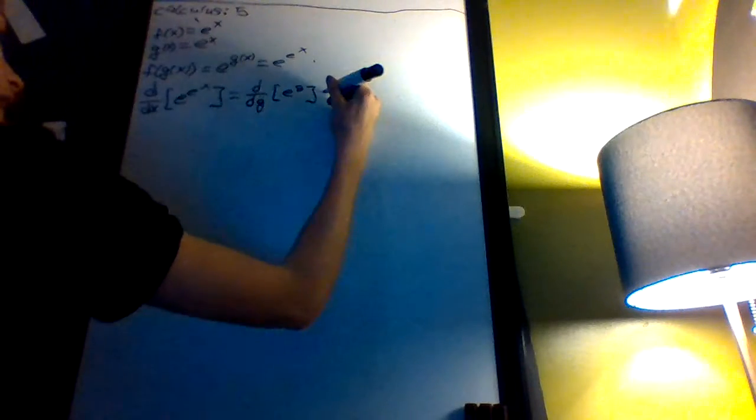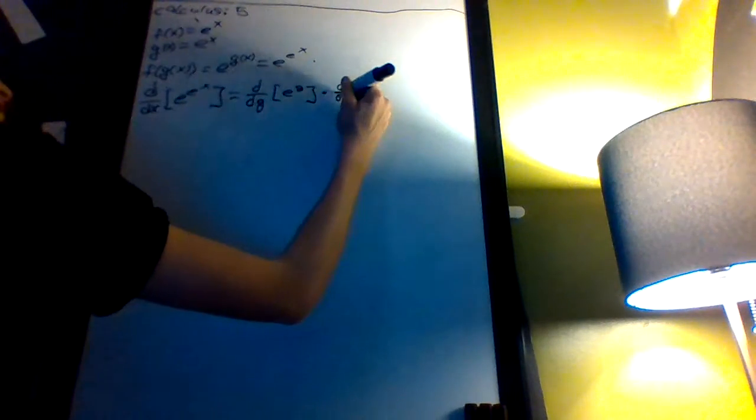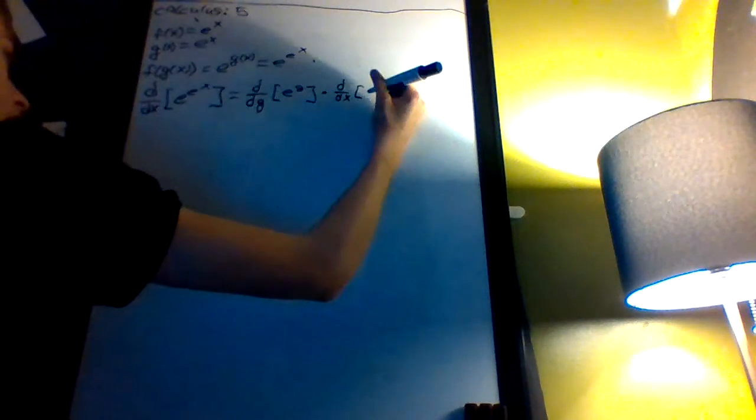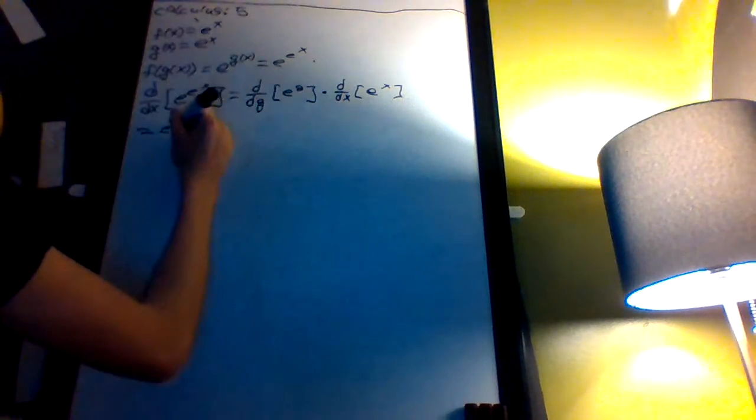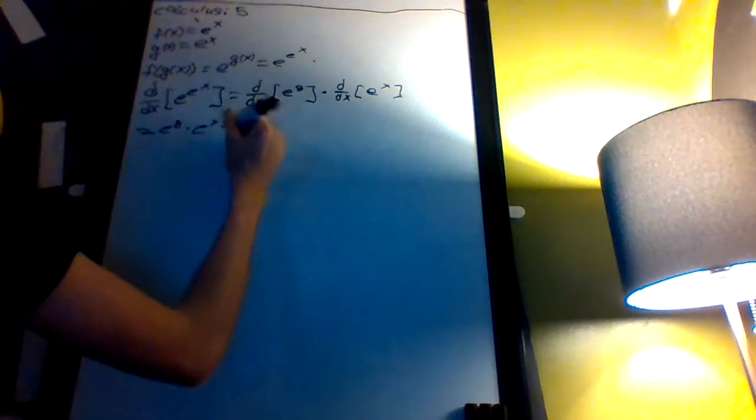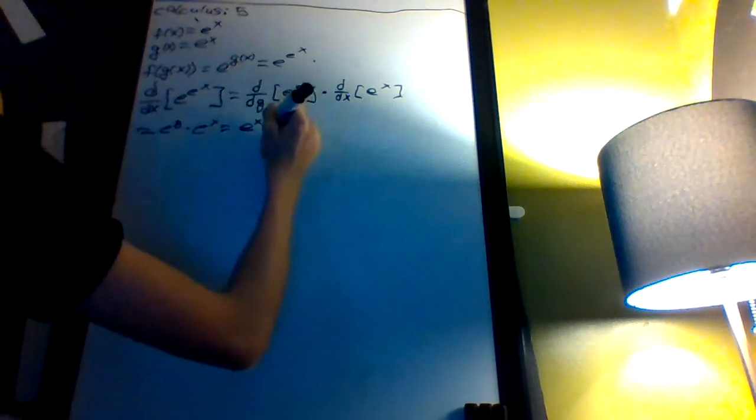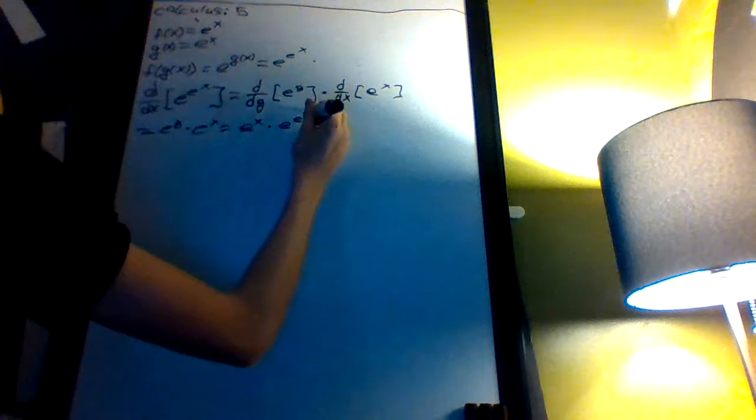That's really what we're doing, because g of x is e to the x, and that's what's up here, times the derivative in respect to x of e to the x. This gives us e to the g times e to the x, which gives us e to the e to the x times e to the x.